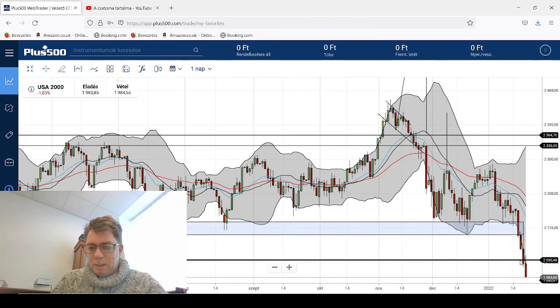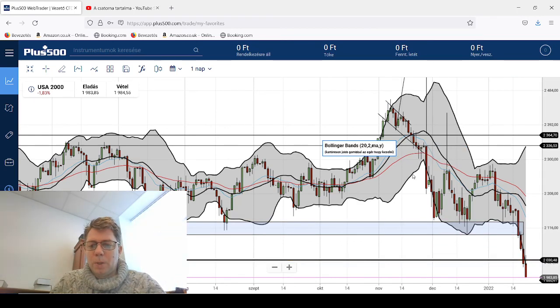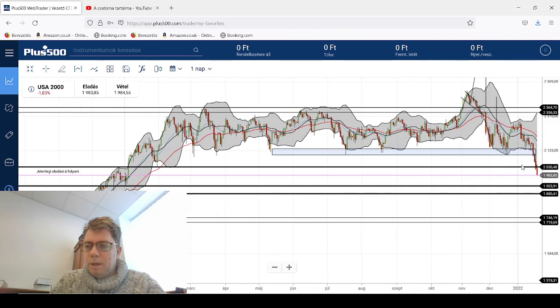We hit this support level and came under it, so we are going to continue most probably to 1923, then under that 1880. Should we fall below 1880, then 1746 or 50, something like that, is my price target.